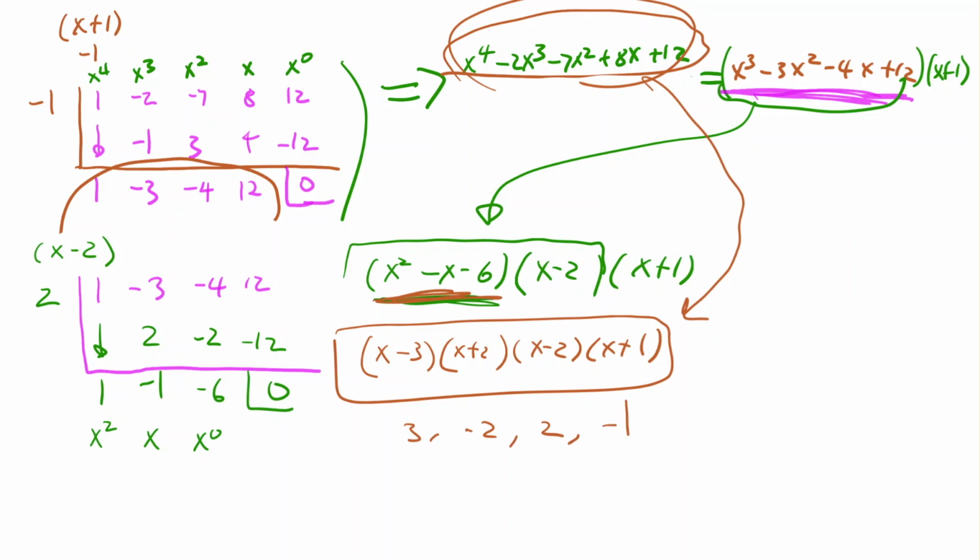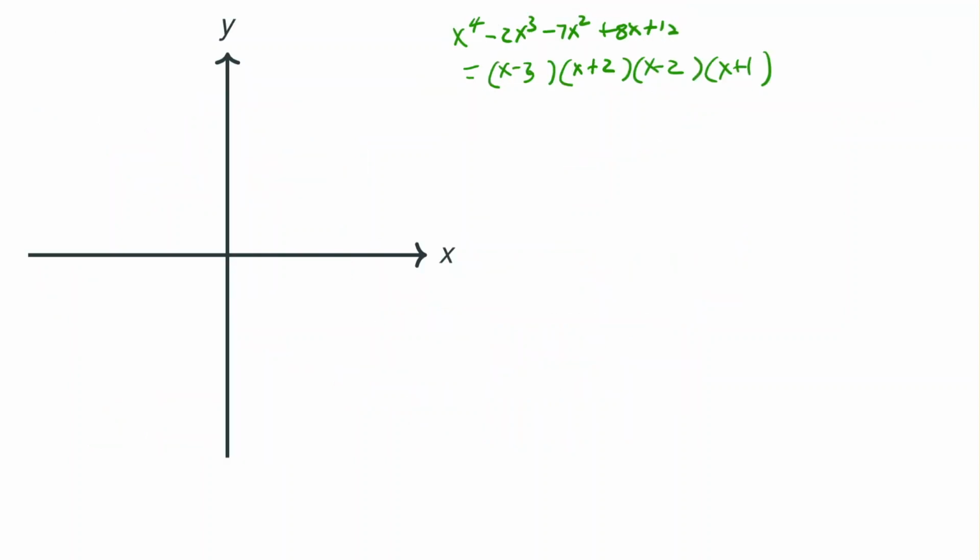Okay. So let me go to the next page where I have a graph ready. I just rewrote what we found earlier. Then we can find that we have 3, -2, 2, and -1. And each of these multiplicities is 1. So all of these just cross. Right? Cross, cross, cross, cross.